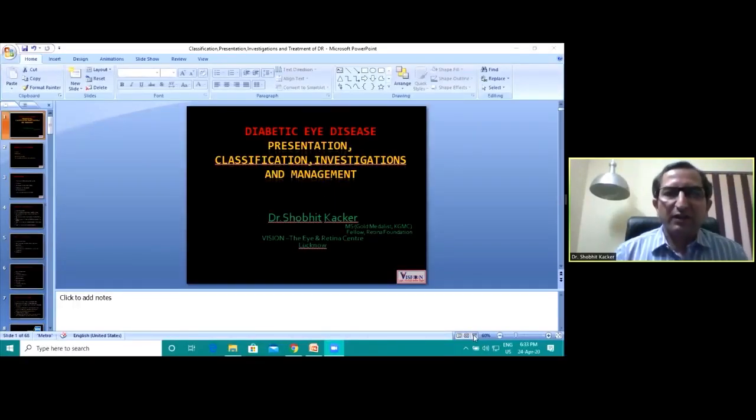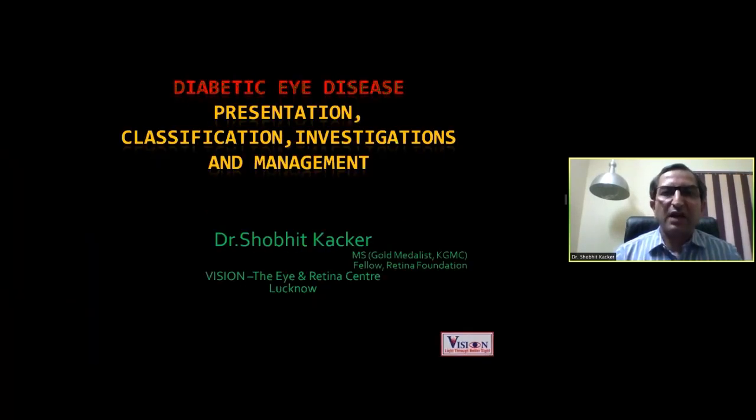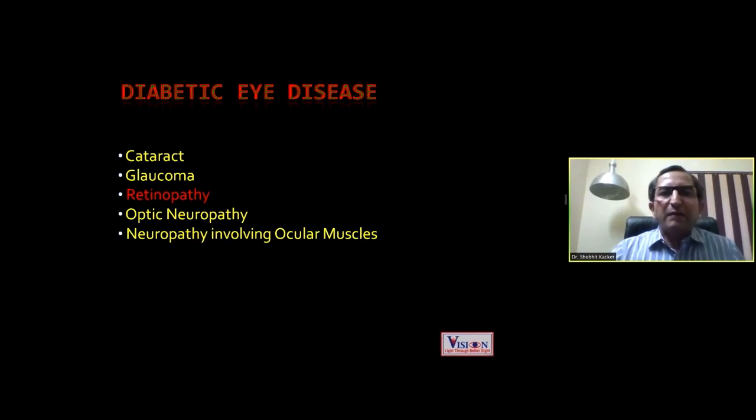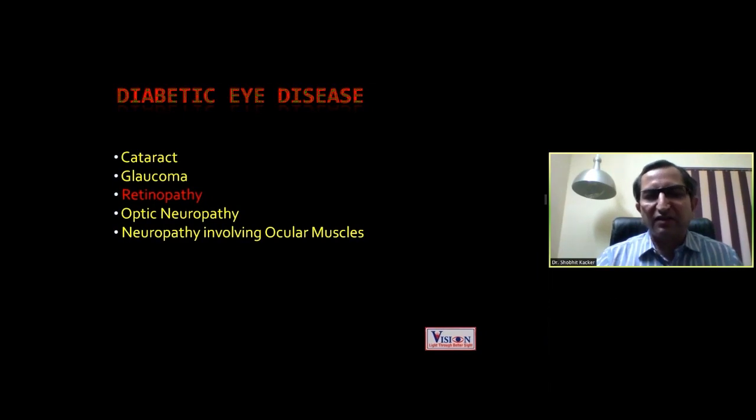So today we will be discussing the presentation of diabetic eye disease, the presentation, classification, investigations, and management. To begin with, the diabetic eye disease not only involves the retina, it can cause cataract, glaucoma, retinopathy, definitely optic neuropathy, and also the neuropathy involving the ocular muscles.